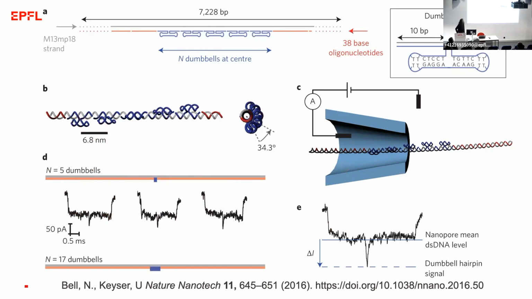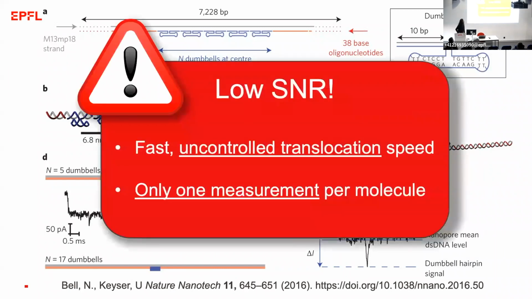So clearly, combining the ability of scanning ion conductance microscopy to pick a single molecule from the surface and then controllably scan it would be beneficial in many ways. In normal translocations, as I mentioned, we have a low signal-to-noise ratio, and it is very difficult and challenging to rescan the same molecule.